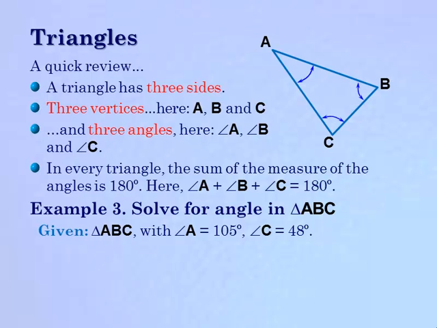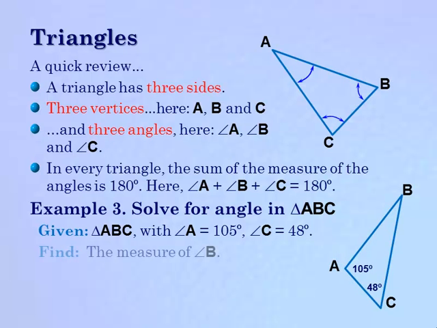So let's look at example 3 that asks us to solve for the angle in triangle A, B, and C if we know that angle A is 105 degrees and angle C is 48 degrees. So how can we find the measure of angle B? So we know that the sum of those angles must equal 180 degrees. That's what we just learned above.